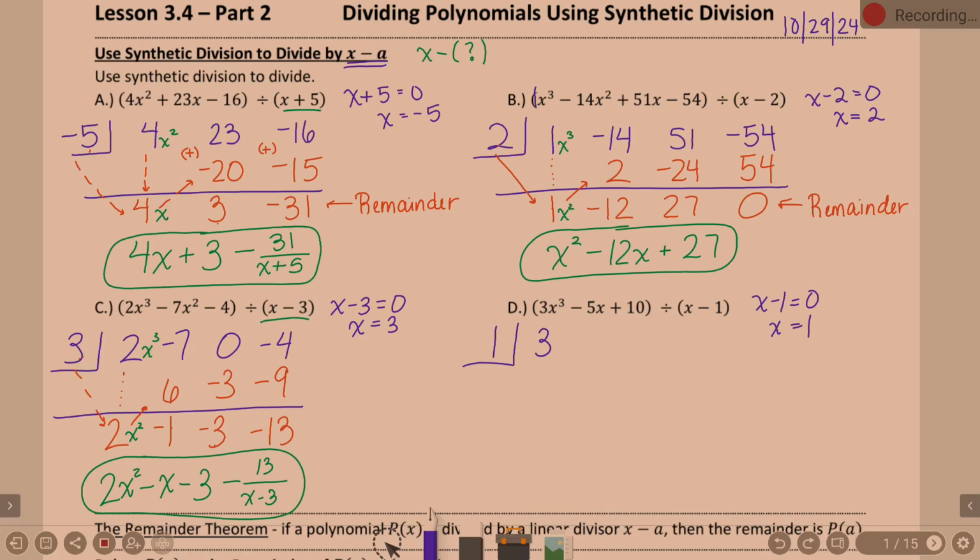What comes next? 0. Because what are we missing? The x squared, yes? Did we catch that? So 3x to the third, 0x squared, and then negative 5 and 10.